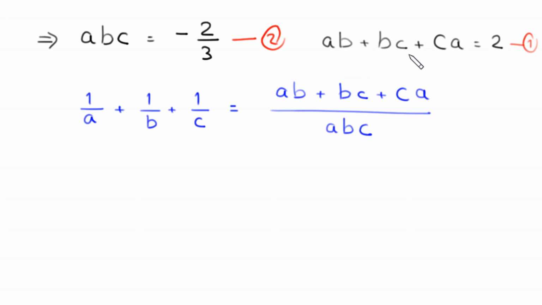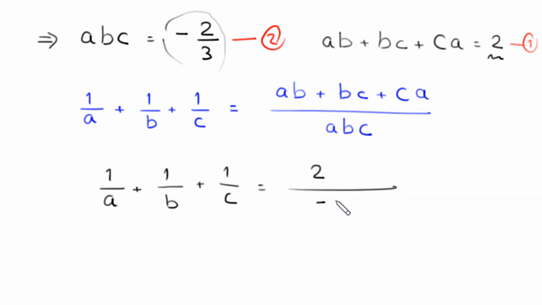Since ab plus bc plus ca equal to 2 and abc is equal to negative 2 over 3, this will become 1 over a plus 1 over b plus 1 over c equal to 2 divided by negative 2 over 3.